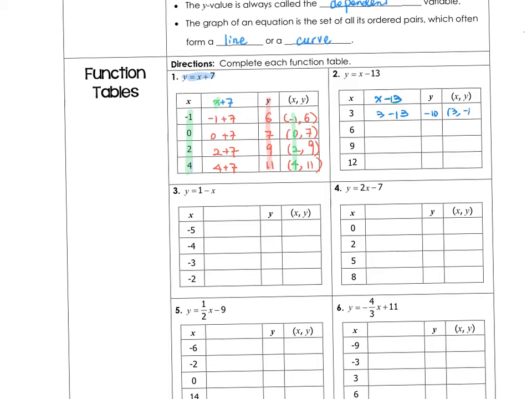So you should have (3, -10). 6 minus 13, you should have -7. 9 minus 13, you should have -4. So it's (9, -4). 12 minus 13 gives you -1. So it's (12, -1). That's how we calculate the ordered pairs.